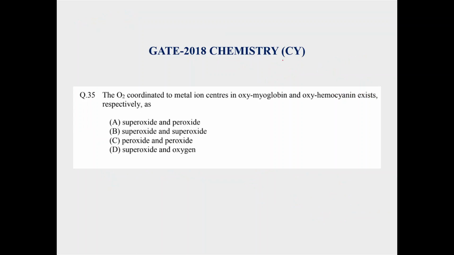Therefore for the given question, oxymyoglobin has superoxide and oxyhemocyanin has peroxide. So among the given options, option A is the correct option. It's clear? We should know the structure of these for knowing this.